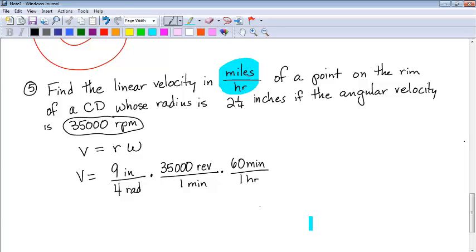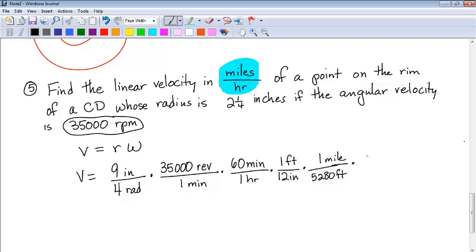Now I need to go to miles, and all I have is inches. 12 inches in 1 foot. How many feet in a mile? 5,280 feet in 1 mile.